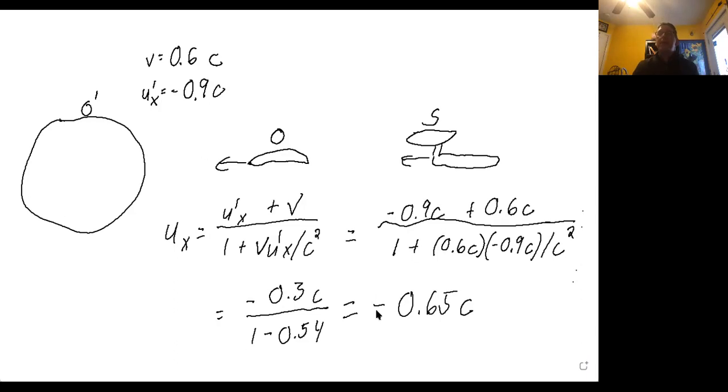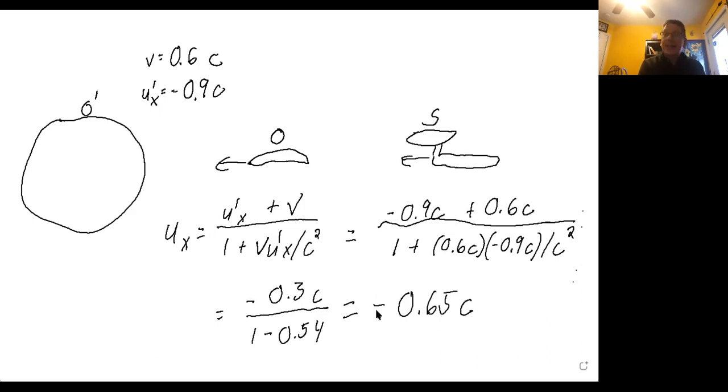O is going to be the observer you're measuring the velocity relative to. And then the third object is O primed. And then you figure out V, and you figure out U primed X, and then you have enough information to figure out U. So keep that in mind. Make sure you identify O primed and S correctly.